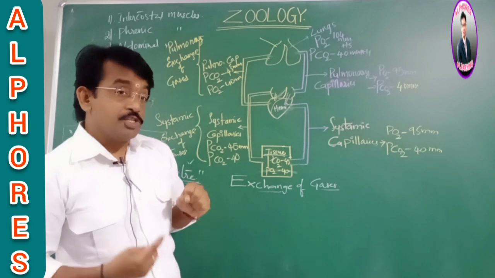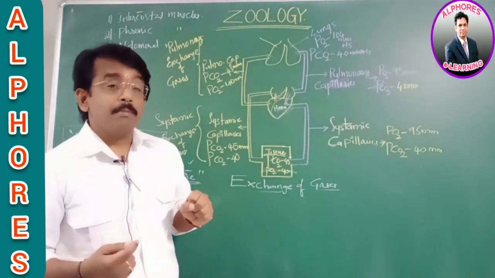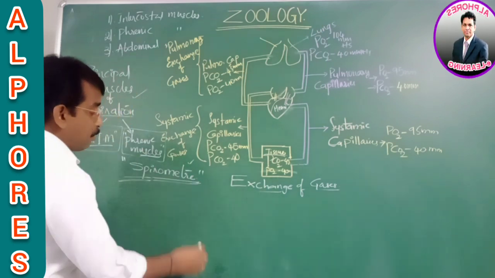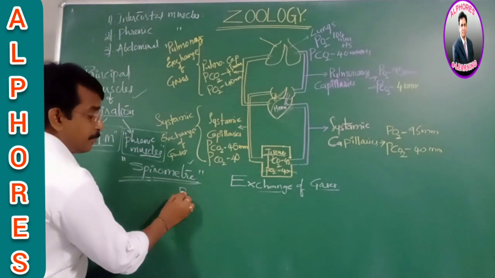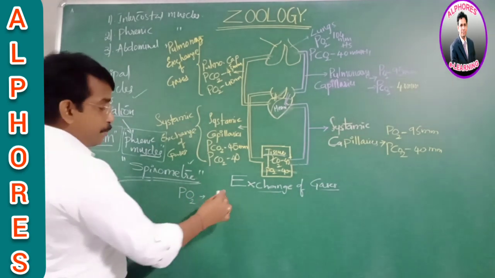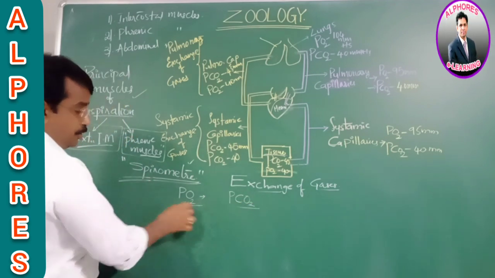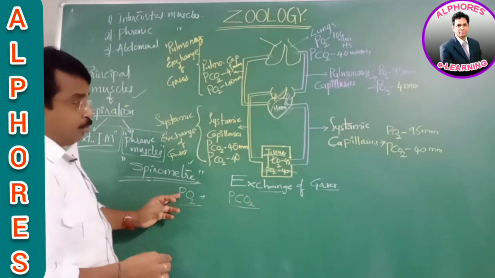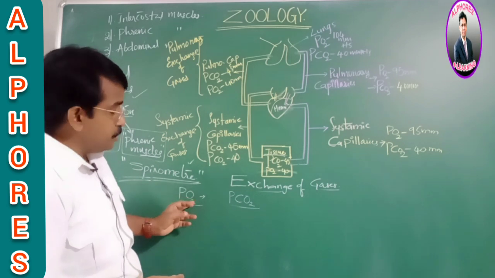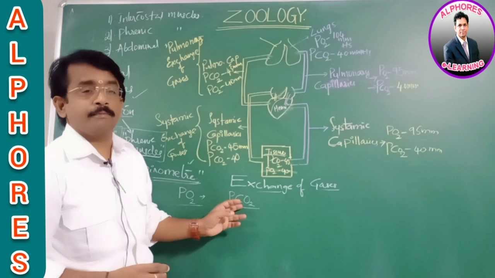Generally the question arises, what is the partial pressure of a gas? Regarding oxygen, we say PO2, in the sense partial pressure of oxygen. PCO2 is the partial pressure of carbon dioxide.